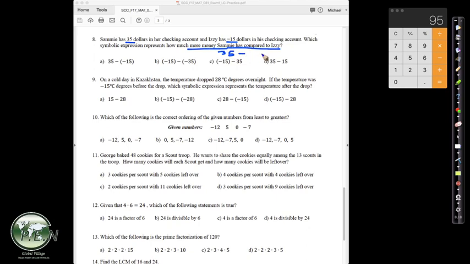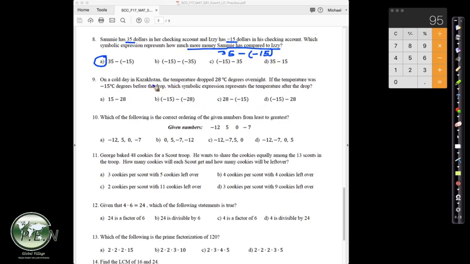And then we've got to subtract Izzy's. So we got to go this route, 35 minus a -15, which, yes, turns into 35 plus 15, but it looks like A is the one we've got. So whoever you're comparing to, Sammy as compared to Izzy, Sammy comes first. We go ahead and compare it first.